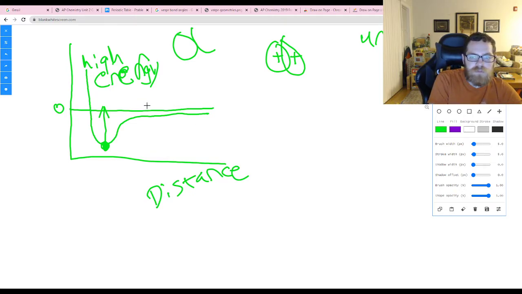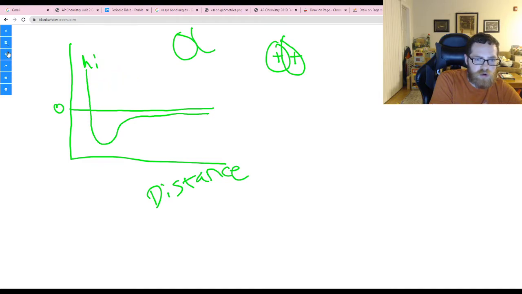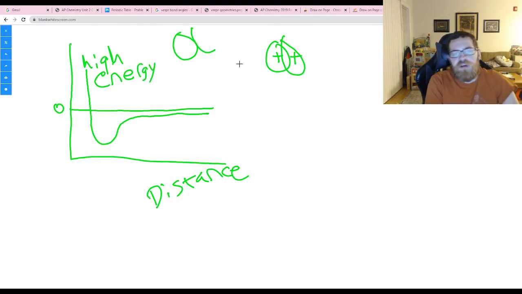So, let's kind of talk about where each of these components is, or what each of these areas is on this chart. So this is our high energy, again due to these overlapping atoms.